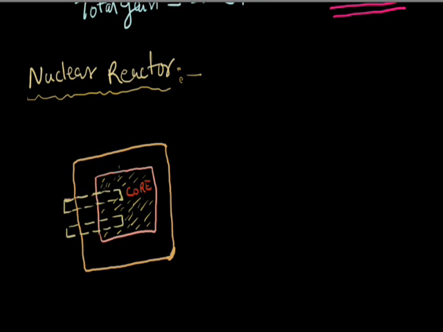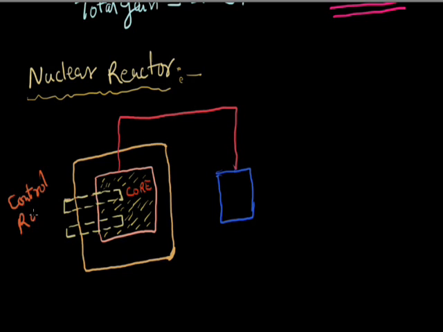The energy from the process, we get it through the coolant. We are getting this out of the core through the coolant. This is the core, these are control rods. This is a reflector.